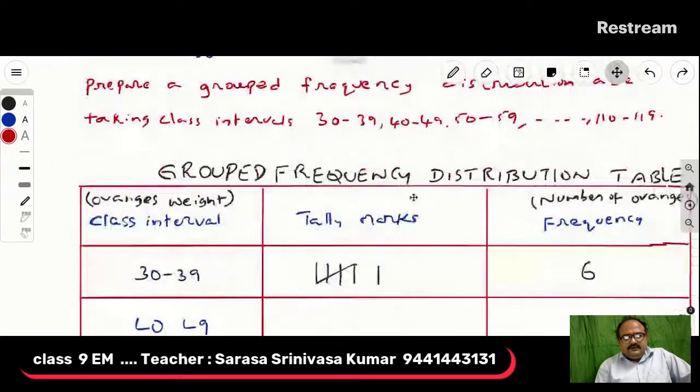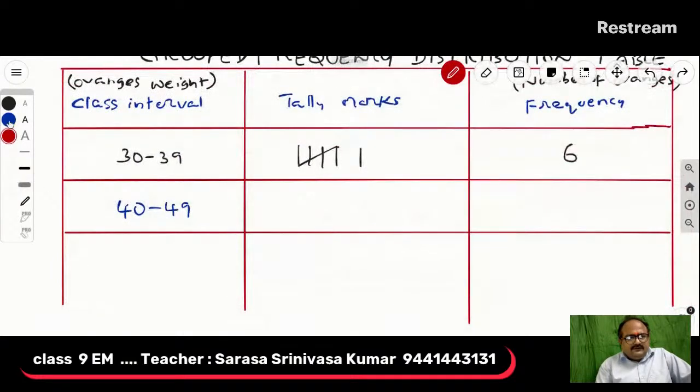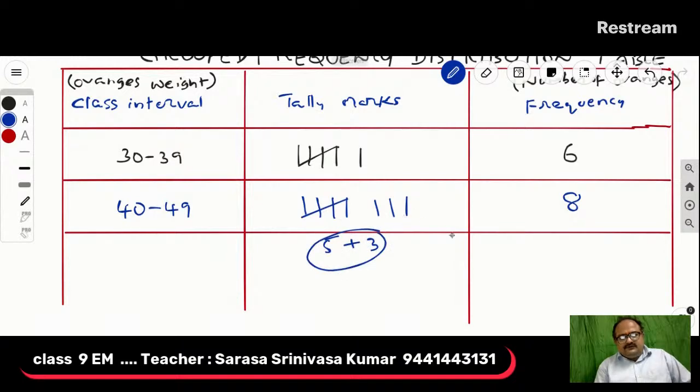Then how to write the tally marks? 1, 2, 3, 4, 5, 6, 7, 8. So we have written 5 plus 3. Tally marks should always be written like this only.